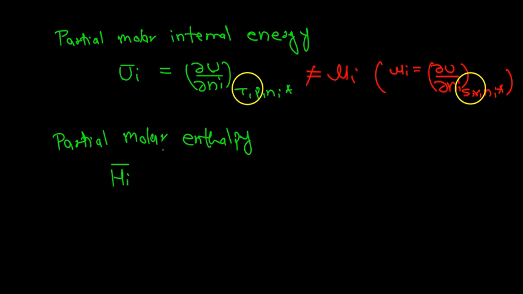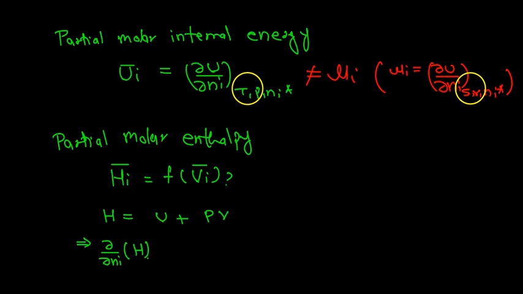But if I want to define it in relation to a partial molar internal energy, then what is this as a function of ui bar? Okay, so I know that H equals U plus PV. So what I can do is differentiate both the sides with respect to Ni at constant T, P, Ni star.